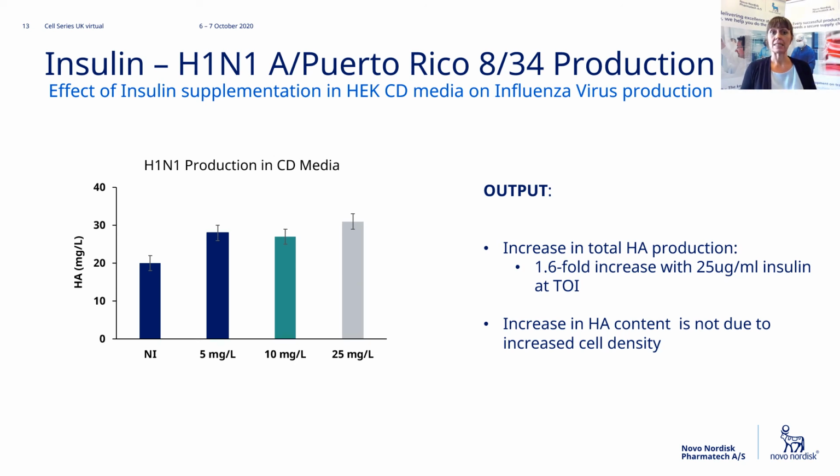Insulin was added at the time of infection, together with the addition of trypsin. The viral titer was measured by immunoblot assay against the HA epitope. Also in this case, insulin supplementation led to up to a 1.6-fold increase of viral production compared to the control CD media.